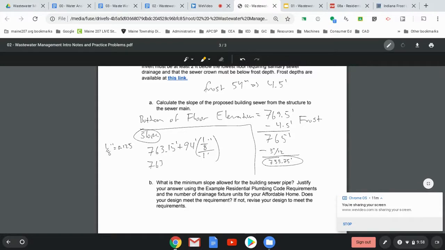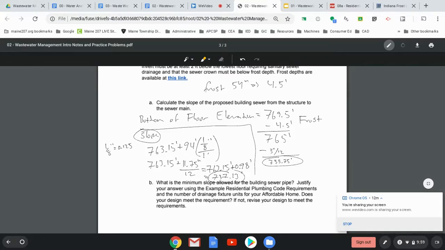So 763.15 feet plus 11.75 inches. Again, I can't add feet and inches, so divide that number by 12, and you get 0.98 feet. So 763.15 plus 0.98 is 764.13 feet.